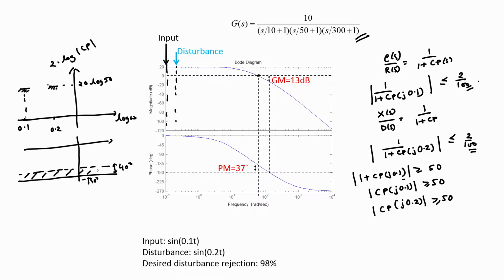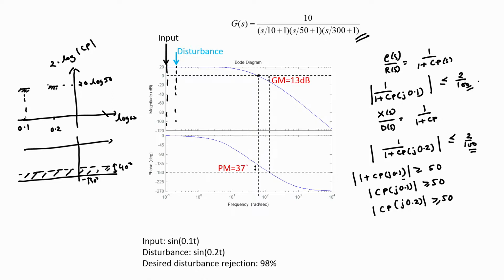So, whenever in our attempt to design the controller the open loop transfer function crosses 0 dB, the phase lag associated with that should be not less than minus 140 degrees, because if it is less than minus 140 degrees it will enter within this forbidden band and we will end up with a phase margin that is less than what is required.